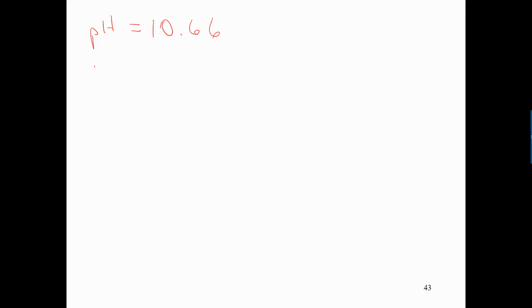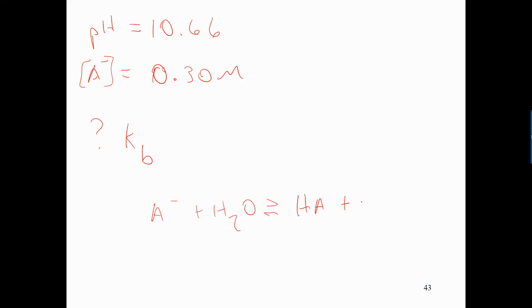The weak base, the A minus concentration, is 0.30 molar. What is the Kb? A minus plus H2O goes to HA, the acid, plus OH minus.